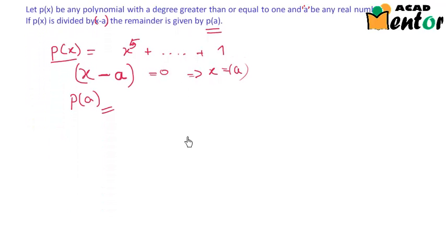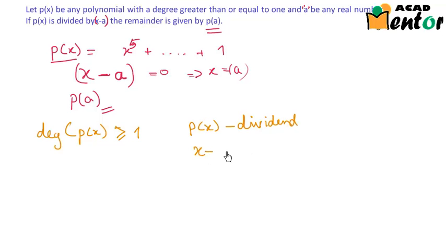Now let me just quickly run you through the proof of this particular theorem. It's really simple. So what we are saying here is that p of x is a polynomial which has a degree of 1 or more than 1. So degree of p of x is greater than or equal to 1, and p of x here is the dividend, while x minus a is the divisor.